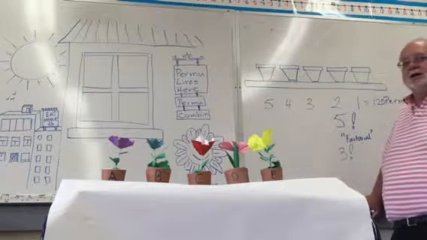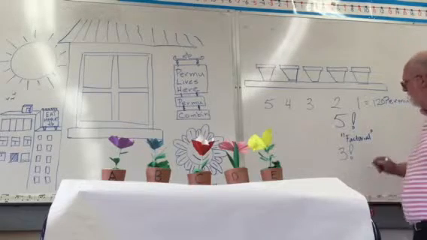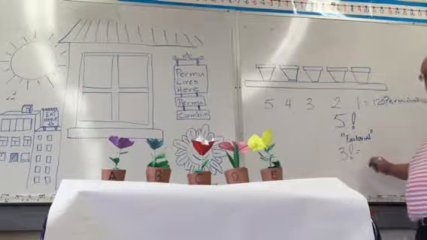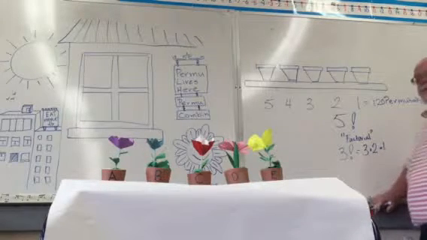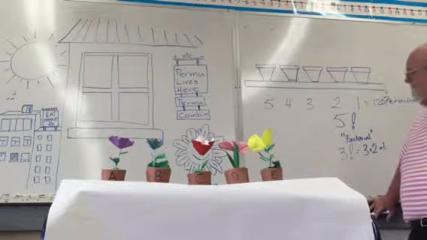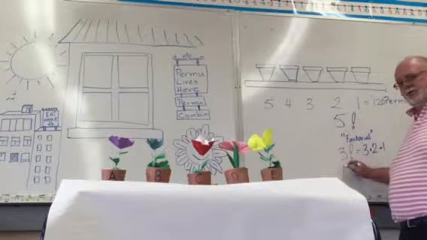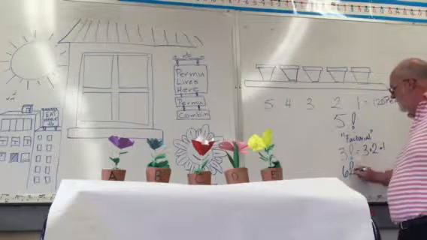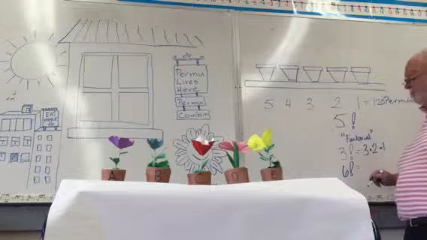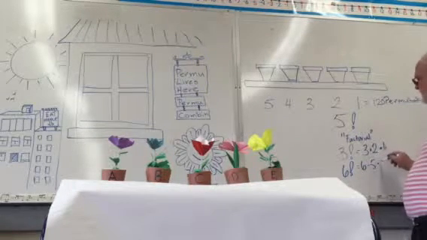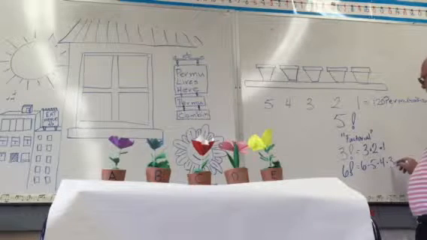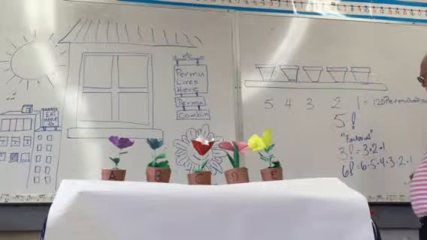I'll let you take a second to pause if you want to. 3 factorial is equal to 3 times 2 times 1. What would 6 factorial be? Again, we're going to start with our number: 6 times 5 times 4 times 3 times 2 times 1.